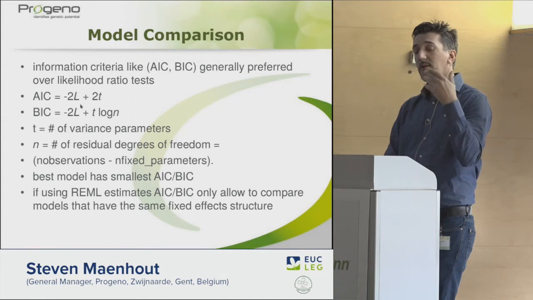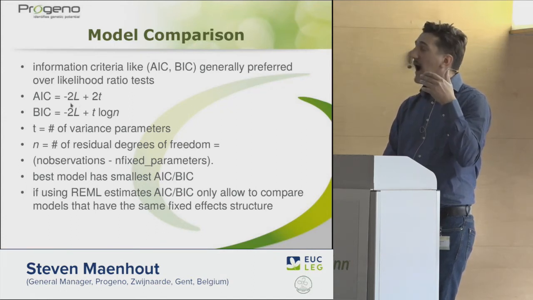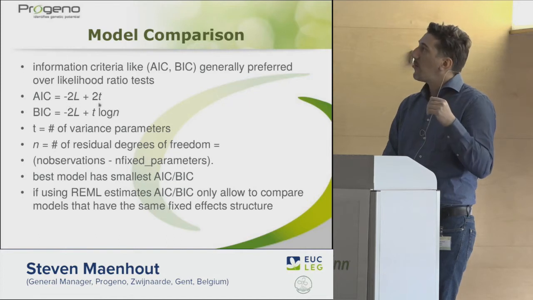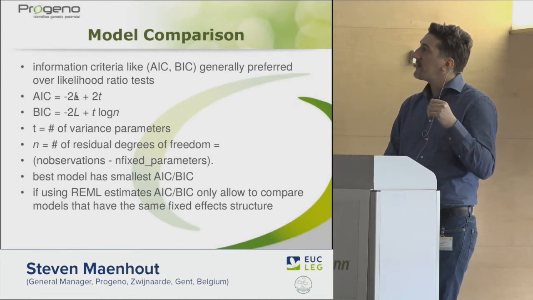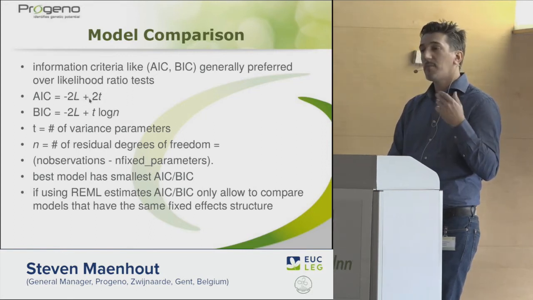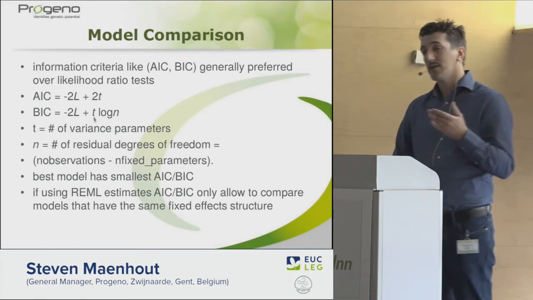So every parameter that I add will add a little bit more. Either the likelihood will stay the same, or it will become a little bit bigger. So what this formula actually does is give you -2 times the log likelihood plus a punishment for the number of parameters that your model is using.